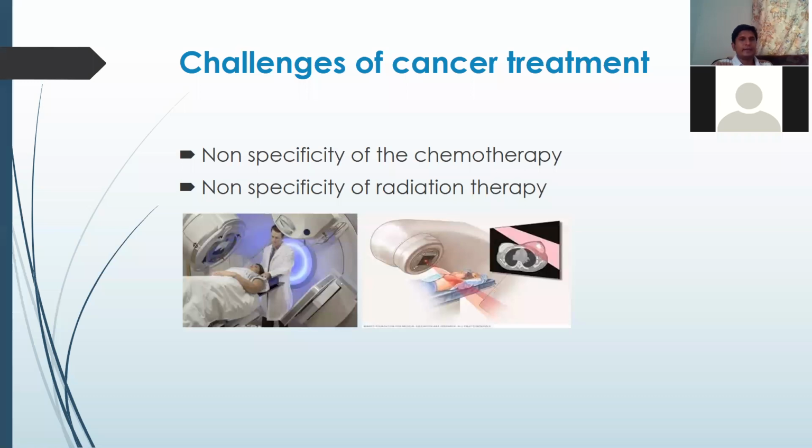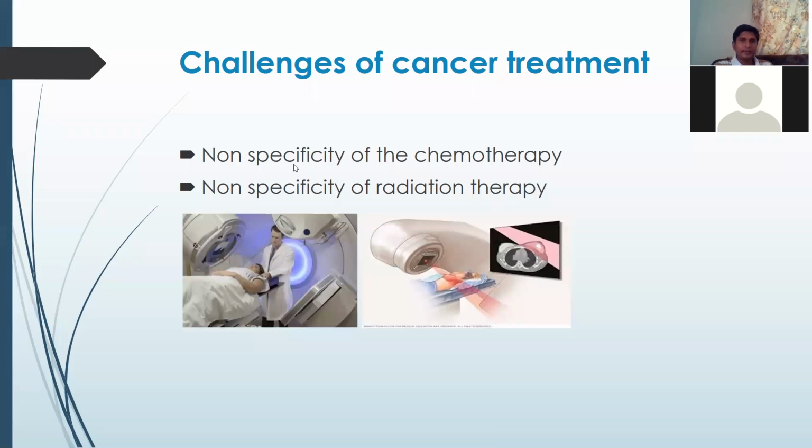Those drugs are killing the cancerous cells, and at the same time they are also killing the normal healthy cells. So the patient becomes weak, and many other side effects are also associated with using these chemotherapeutic drugs. So this means that there are huge challenges linked to the currently available therapeutic strategies in case of the treatment of cancer.